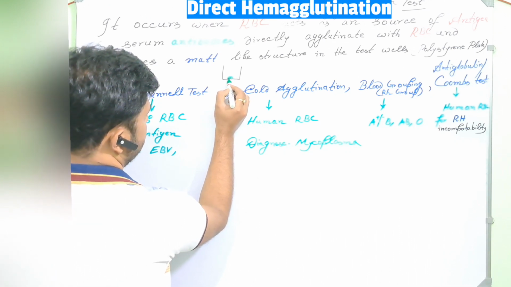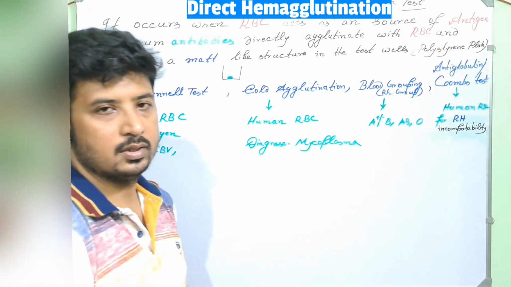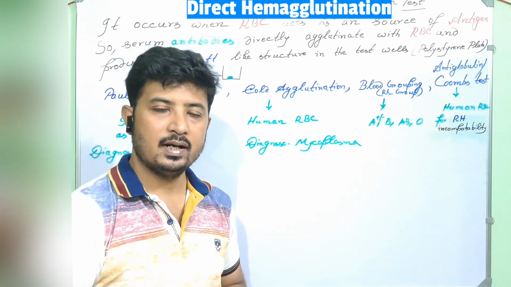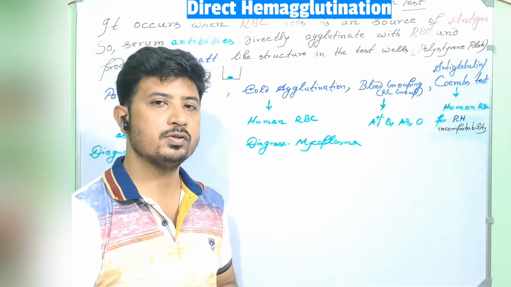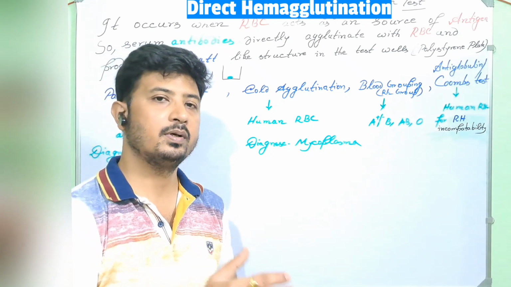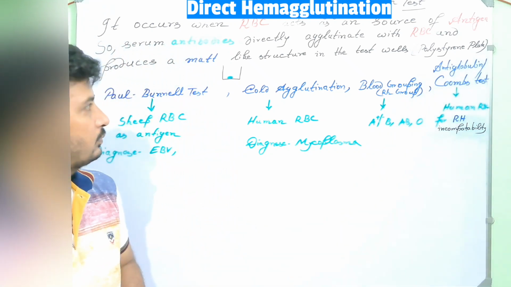At the bottom of the well, there will be a mat-like, clear, round structure. That is the significance, or you can say the test is positive for the particular disease or the particular pathogen.